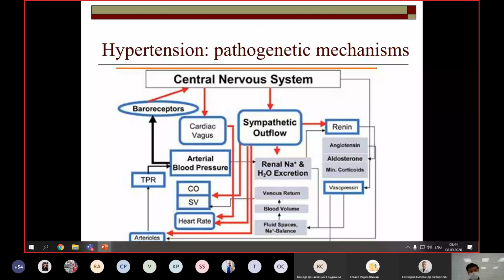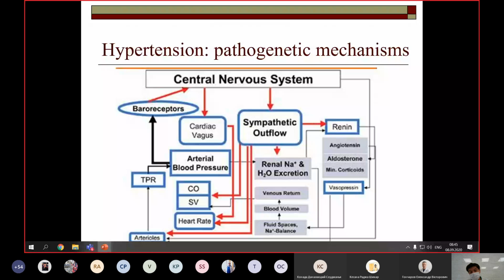On the slide, you have some possibilities to influence remodeling beyond the molecular substrate, some maladaptive remodeling. In the central nervous system, the patient with arterial hypertension can get a dramatic effect on cardiac vagus and sympathetic outflow, and thereby stimulate the synthesis and release of renin, and thereby angiotensin and aldosterone hyperactivity as well.